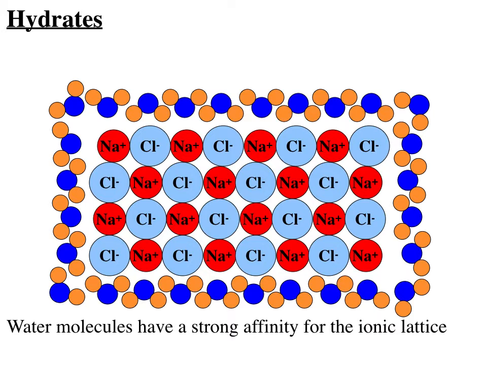Also, because of the low electronegativity of the hydrogen, the electron density is drawn away from those atoms, leaving them a little bit more of a bare proton nucleus, so that the hydrogen end of a water molecule is slightly positive, and it's permanently slightly positive.